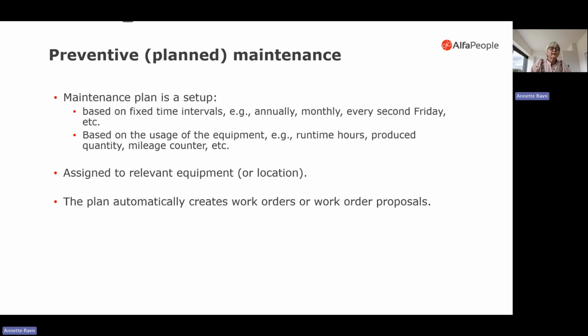The maintenance plan is always assigned to assets. It can also be assigned to a location, but in most cases it will be assigned to your assets. And once you've set that up, the plan automatically creates work orders or work order proposals.